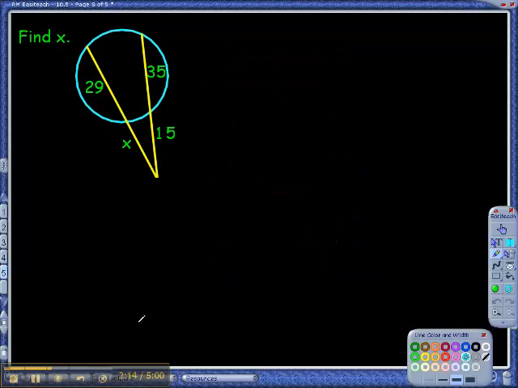For this last example, again, here we've got two secant segments, so now we know we're looking at the whole secant segment times its external part would equal the whole secant segment times its external part.